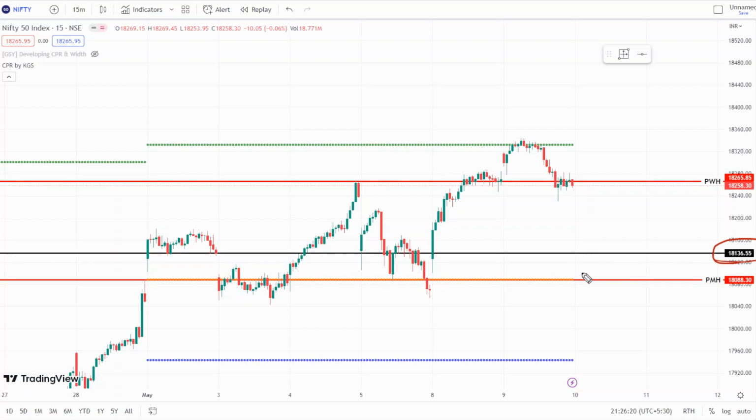But if 18,136 is broken in this month's series, the May series of Nifty, you can expect Nifty to come down somewhere nearby 17,950 or 960. But until 18,136 is not broken and 18,080 is not broken properly and candles are not sustaining below that, we can see a very good up move in Nifty in the coming trading session.